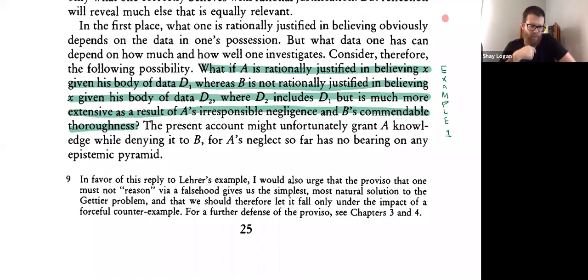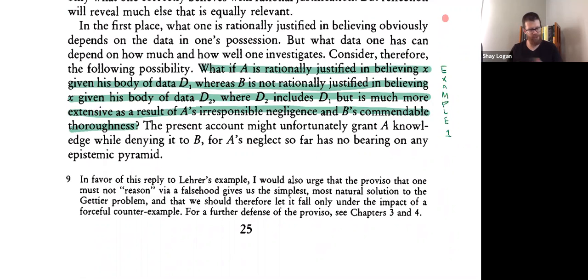Maybe I am. It looks like the Mona Lisa from the best I can tell. It's Mona Lisa-ish. And it seems problematic to say that somehow I know, and let's just suppose it turns out that it is in fact the Mona Lisa. It seems weird to say that I know it and you don't, when the only reason I know it is because I didn't bother to investigate very carefully.